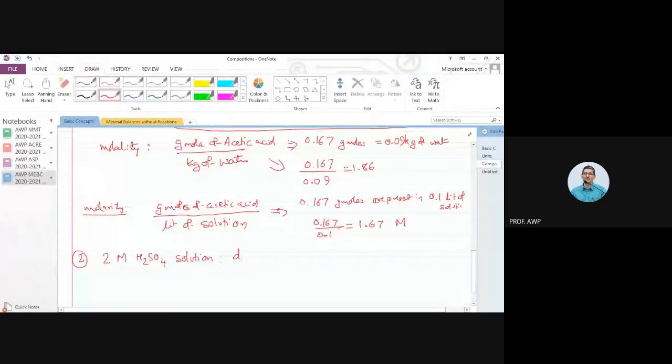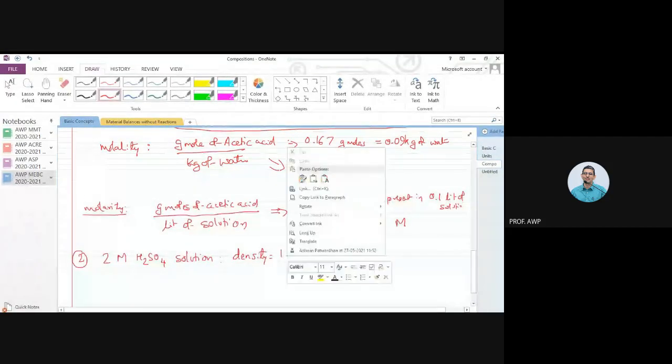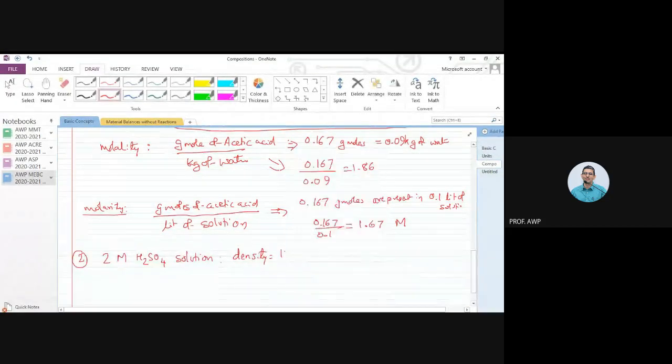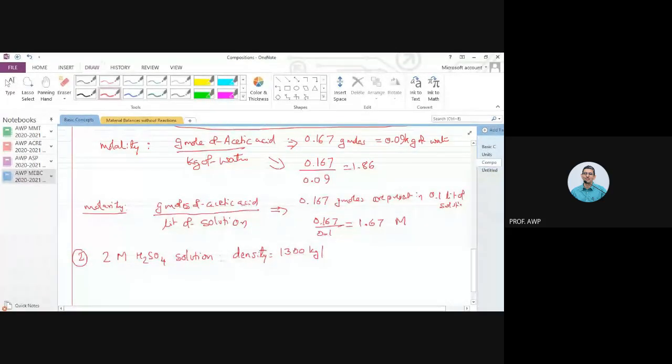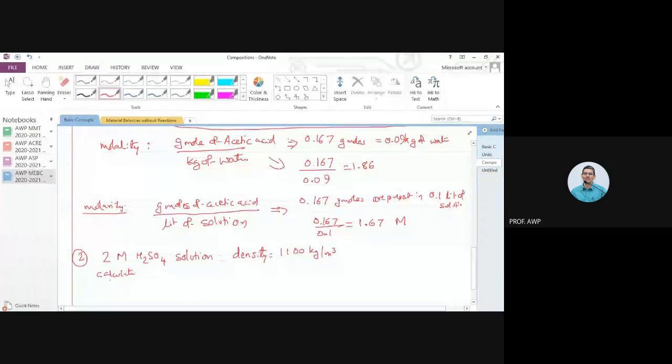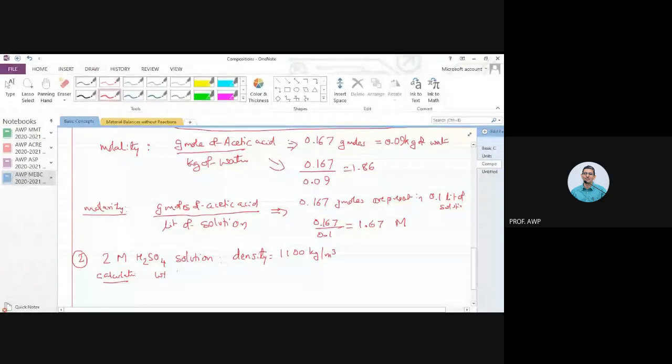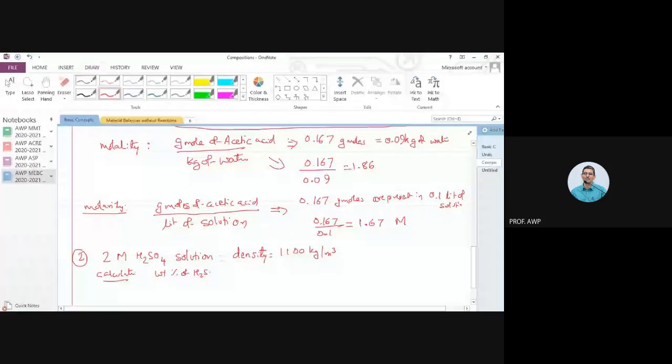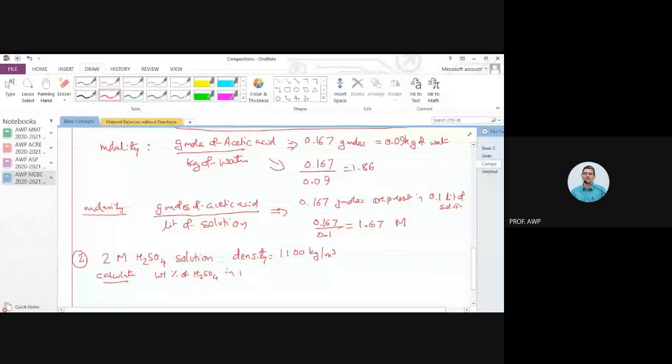Let's say the density of this solution is, say, 1300 kgs. 1300 may be too much. 1100 kgs per meter cube. I would like you to calculate the weight percent of H2SO4 in the solution.